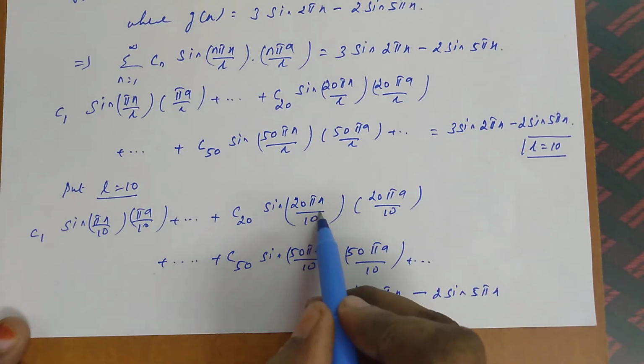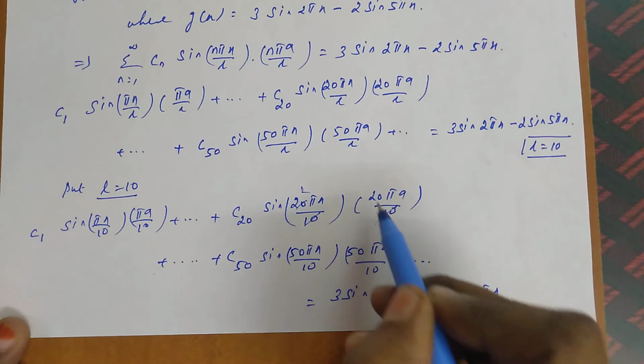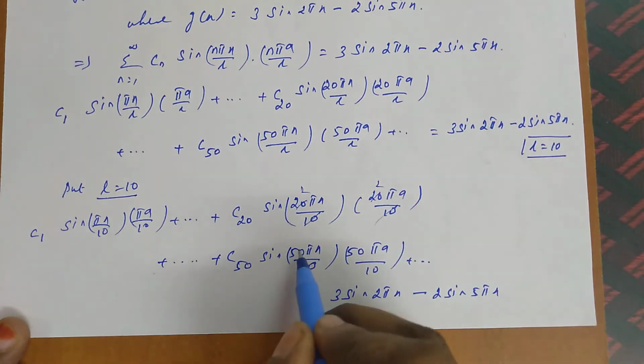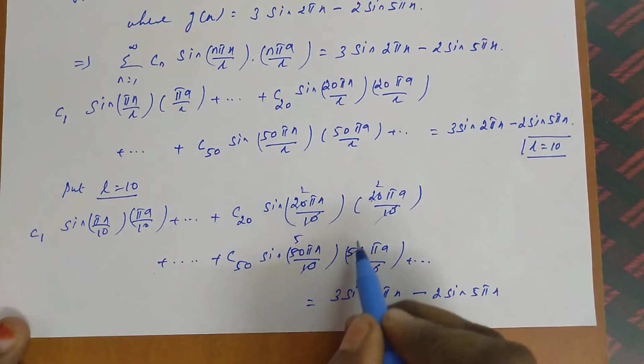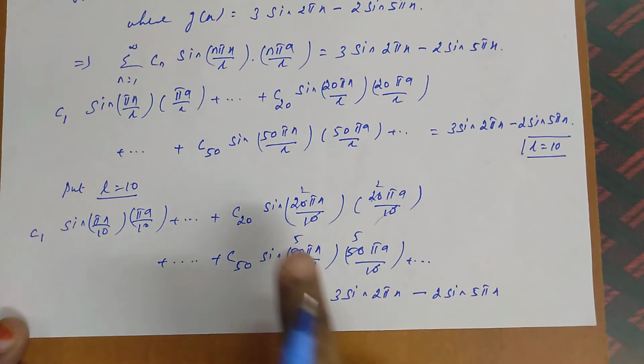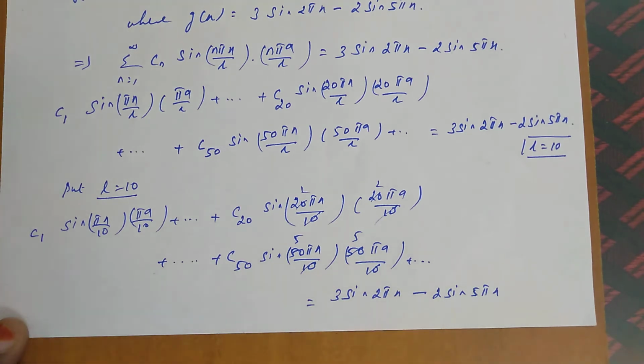Now we can cancel this 10 two times, here also 10 two times, and here it is 5 and here also it is 5. So now we can get sin 2 pi x and sin 5 pi x. After this only we are equating like coefficients on both sides, we can get the answer.